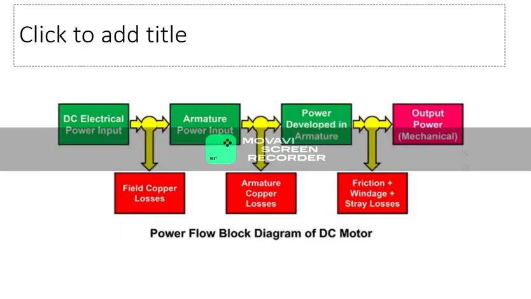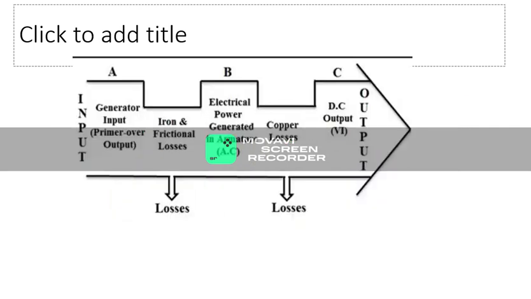In this power flow diagram, you can see that the electrical output will be produced in this DC generator and our input will be the mechanical supply.